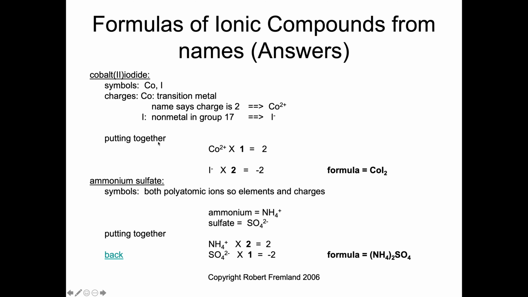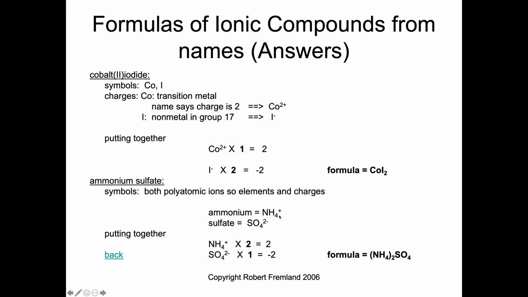The next one was cobalt 2 iodide. Cobalt is Co, a transition metal. How do I know the charge? It says so right there, +2. Iodine is a nonmetal in group 17, so it's a -1. To get them to cancel, CoI2. And then ammonium sulfate, again both polyatomic ions.